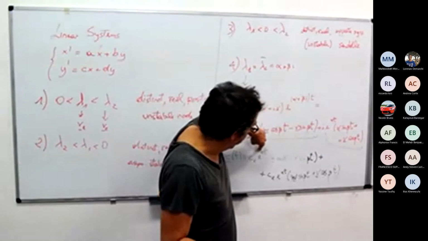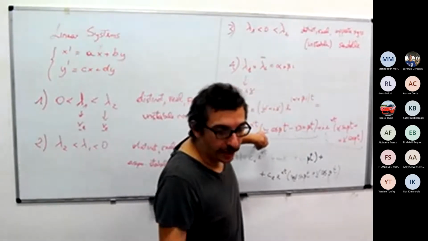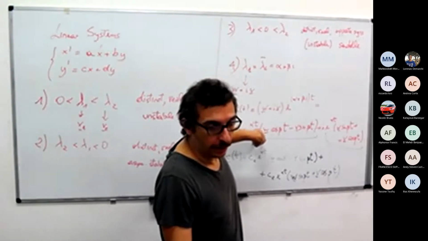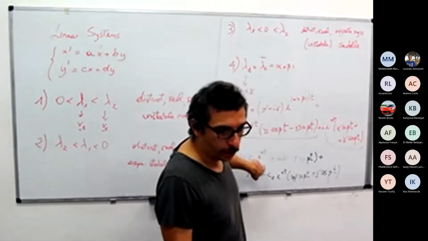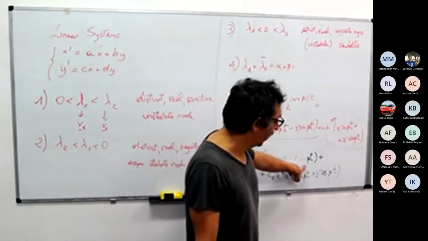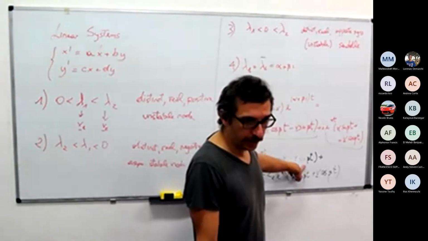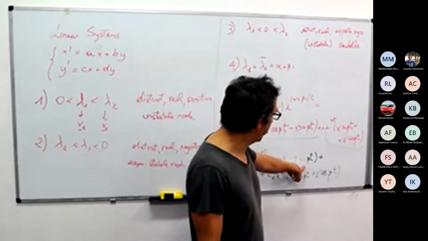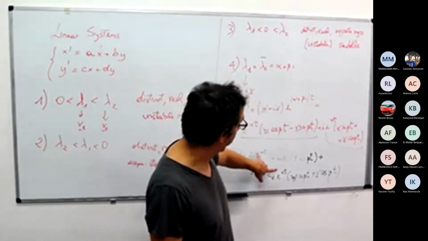This term, the exponential of alpha t, is spoiling the periodicity. So the only way to have a periodic solution, a closed orbit, is that I don't have this term, the exponential of alpha t.